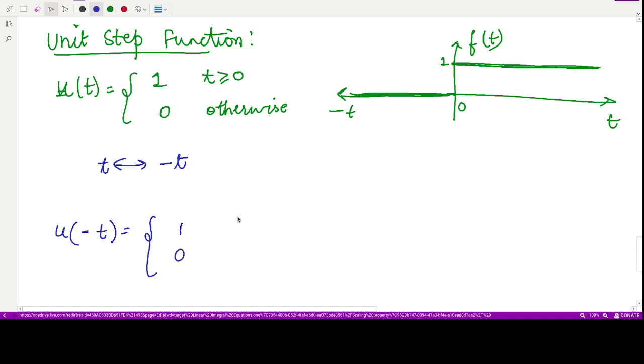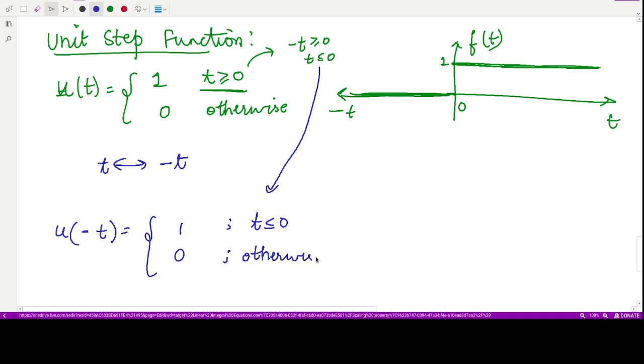In place of t now you have minus t. Earlier the limits were these, now you have the limits as minus t greater than or equal to 0. In other words you can say t less than or equal to 0, right? So your limits here become t less than or equal to 0, and 0 otherwise.